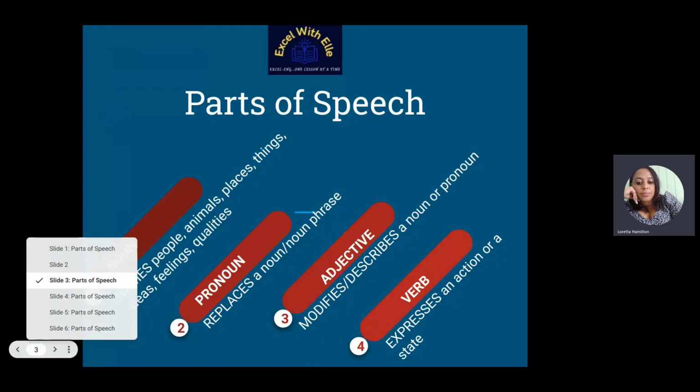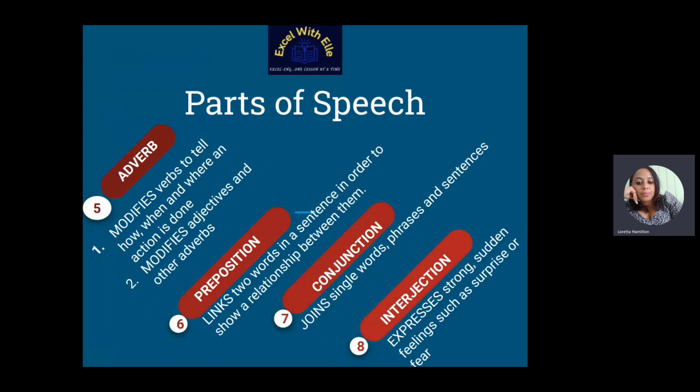Other words, their function is to replace a noun or a noun phrase. We call those words pronouns. Words that function to describe a noun or a pronoun, adjectives. And then we looked at words that function to express an action or a state of being. We call those words verbs. So let's move on. We have 8 parts of speech. So far, we have only looked at 4.